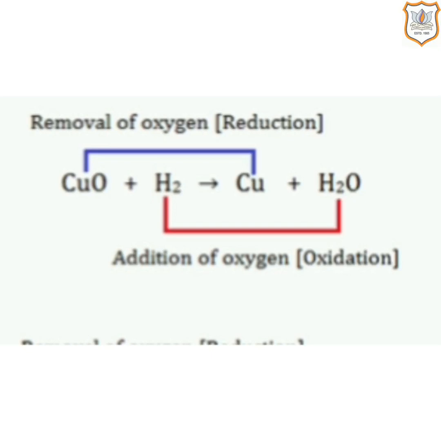That means addition of oxygen is called oxidation and removal of oxygen is called reduction, and also addition of hydrogen is called reduction. Here copper oxide loses oxygen and gets reduced, and oxygen adds with hydrogen gas, so it gets oxidized.